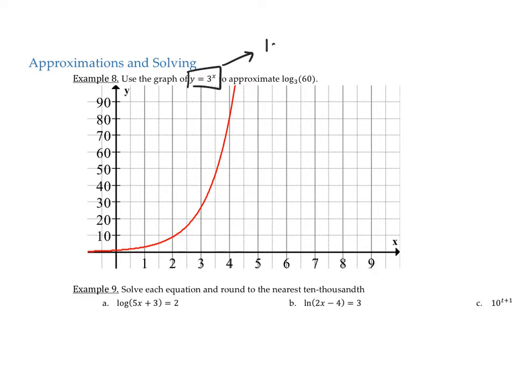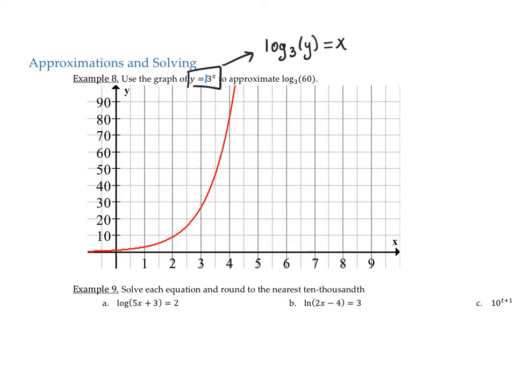I am going to say it is the log base 3 of y equals x. We have to remember the translation that whatever the base of the exponential is becomes the base or the subscript of the logarithm. Whatever the exponent is on the exponential becomes the answer, and whatever the answer was on the original one becomes the input on the inside.